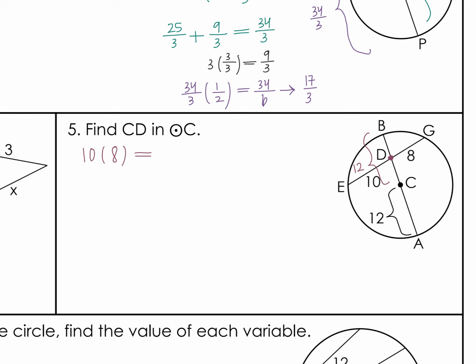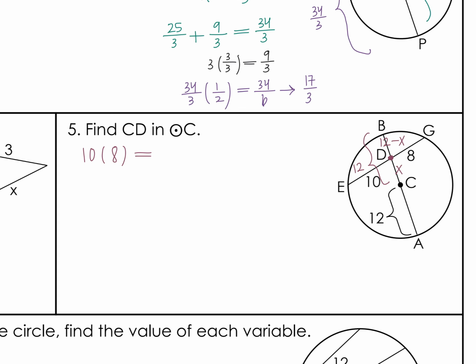Well, if I call one of these lengths x, so maybe I call CD x, then on the other side from B to D, that would just be my 12 minus x. And so now that will give me 2 segment lengths on either side of that point of intersection.